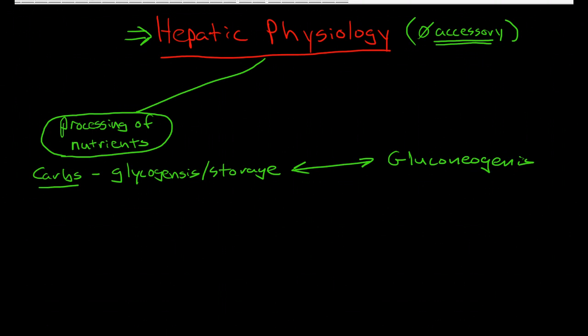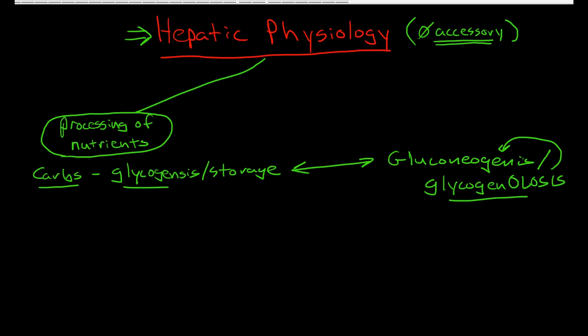This is also connected with glycogenolysis. Glycogenesis is the creation of glycogen. Glycogenolysis is the breakdown of glycogen in order to make glucose.